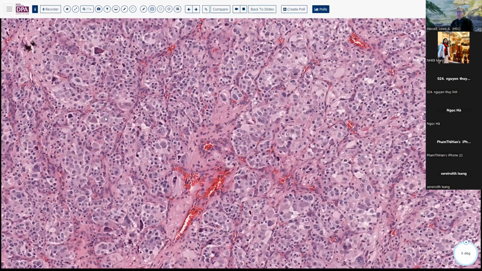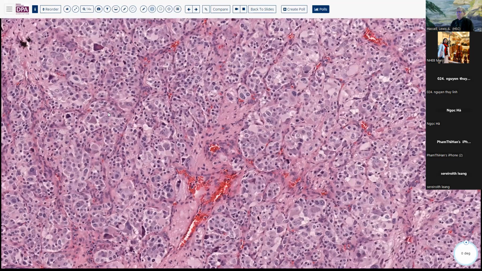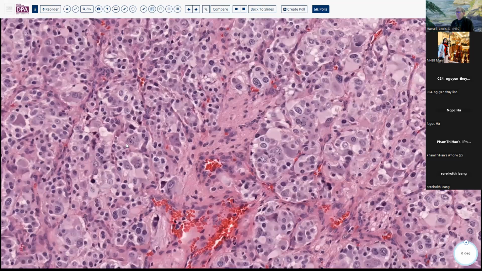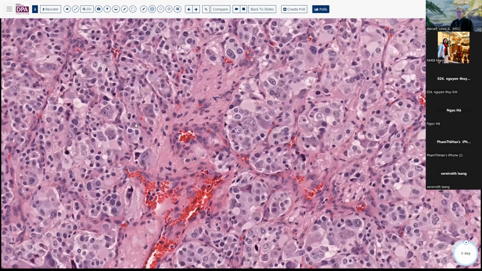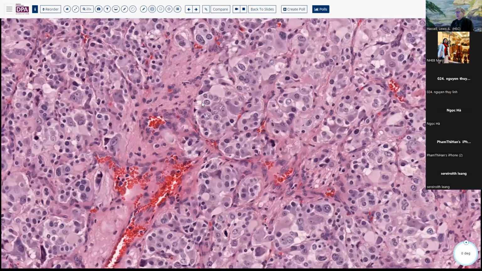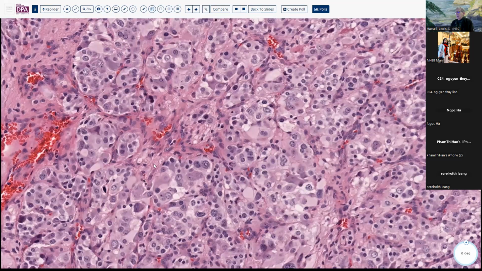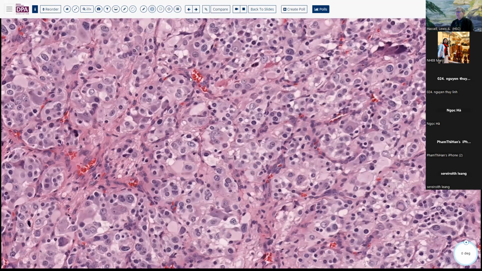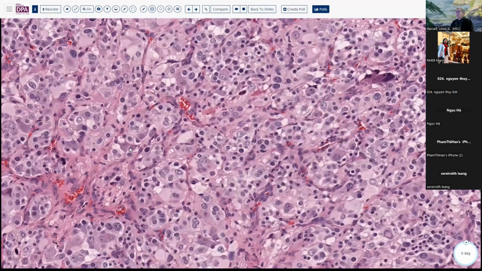Again, these are lesions that tend to have sort of a grayish cytoplasm. You can see grayish purple cytoplasm. There is some variability of the nuclei, not necessarily predictive of metastatic potential. And there's this sort of balling up of the cells with characteristically a sustentacular cell surrounding them that is S100 positive.